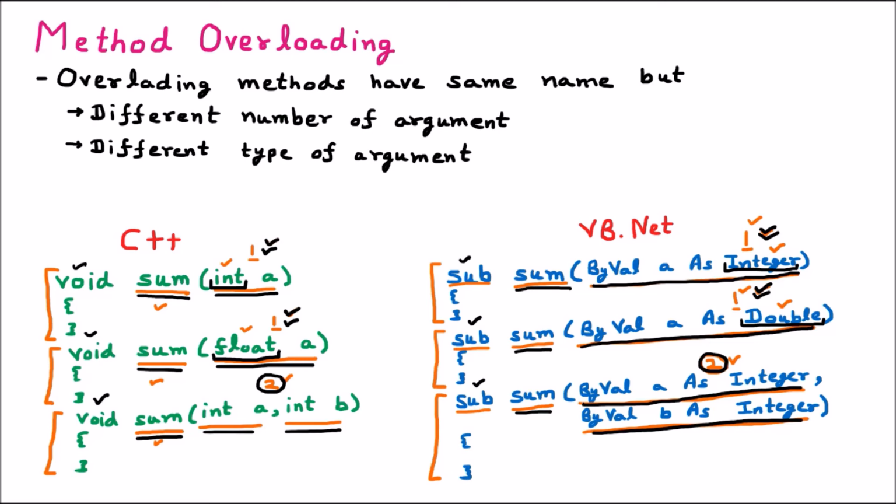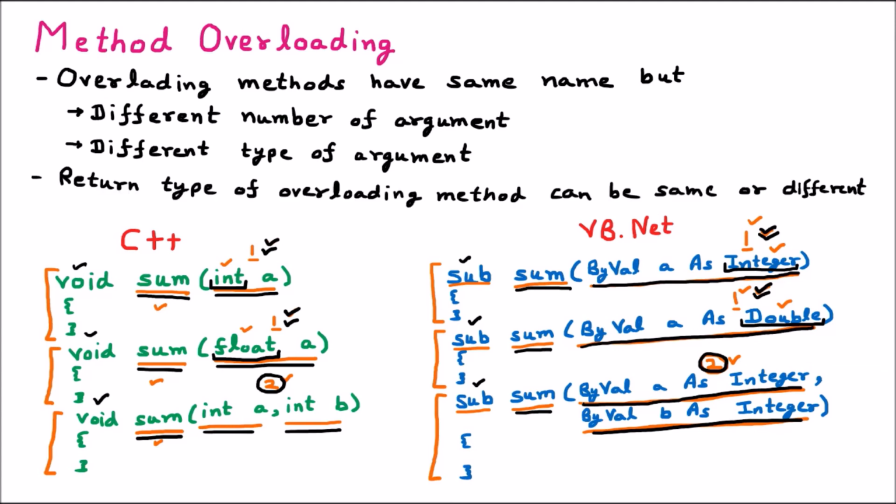But return type doesn't matter. So the return type of an overloading method can be the same or different. That means return type does not matter. You are giving integer type, double type, any type or the void type, that doesn't matter. The only thing that matters is the arguments passed, their number, and the name of the function.